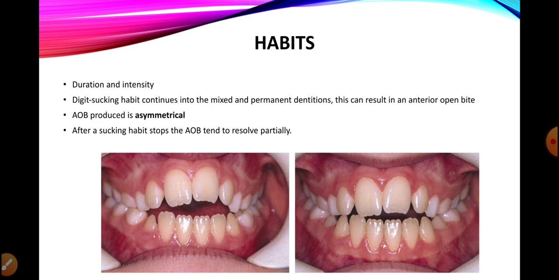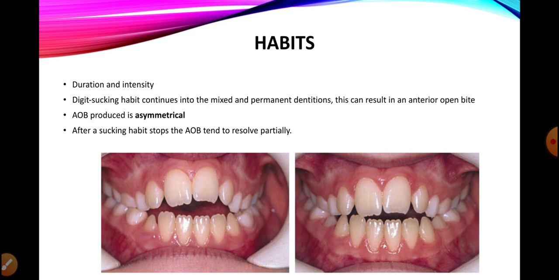So normally in cases of habits, the anterior open bite produced is asymmetrical, in contrast to the symmetrical open bite seen in skeletal patterns. Whereas if the patient is putting two fingers together, then the anterior open bite produced may be symmetrical.